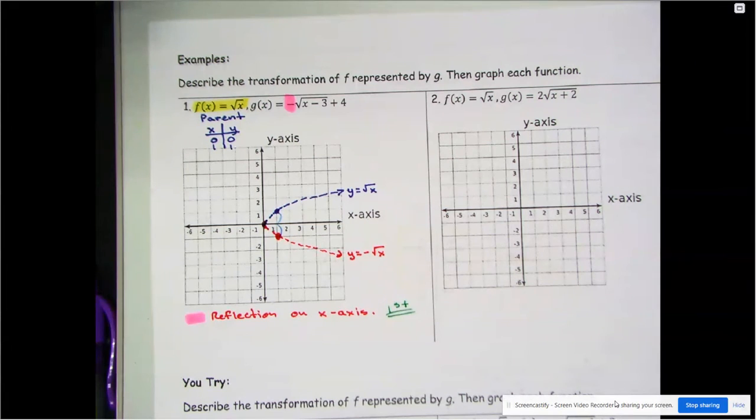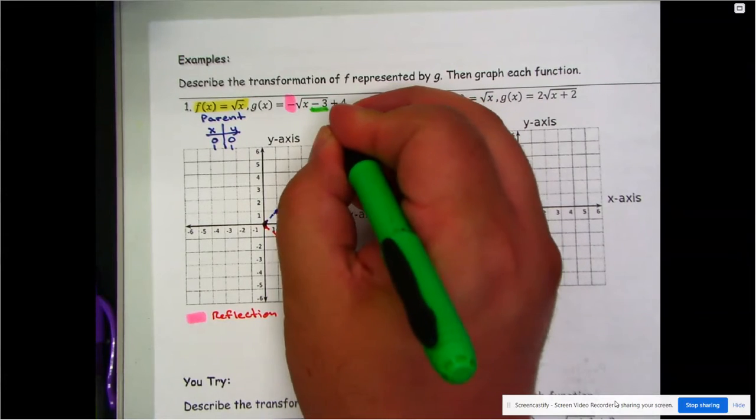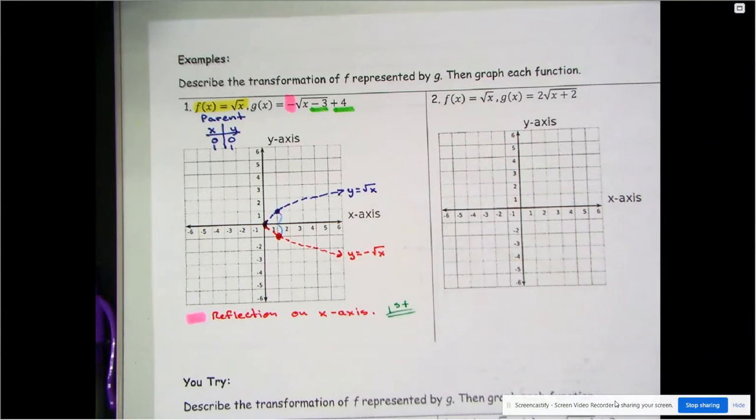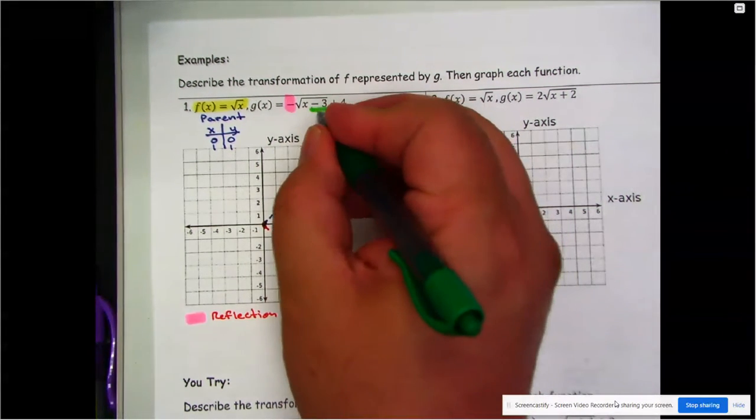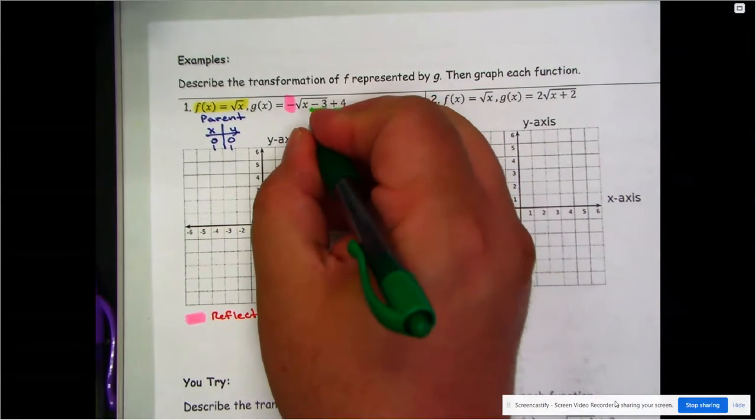But now we have two more moves to make, and then we'll be done with this. And with our description, we have a -3 and a +4. But notice where the -3 is located. The -3 is located on the inside. And we've said when it's located on the inside, this is going to be left and right. So we're going to think opposite. So this is actually to the right.